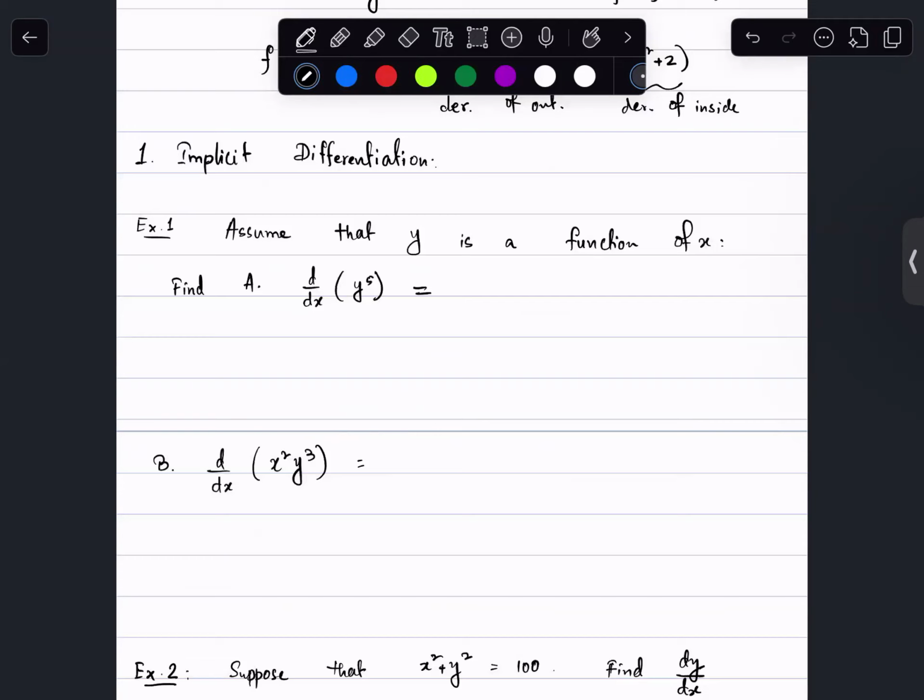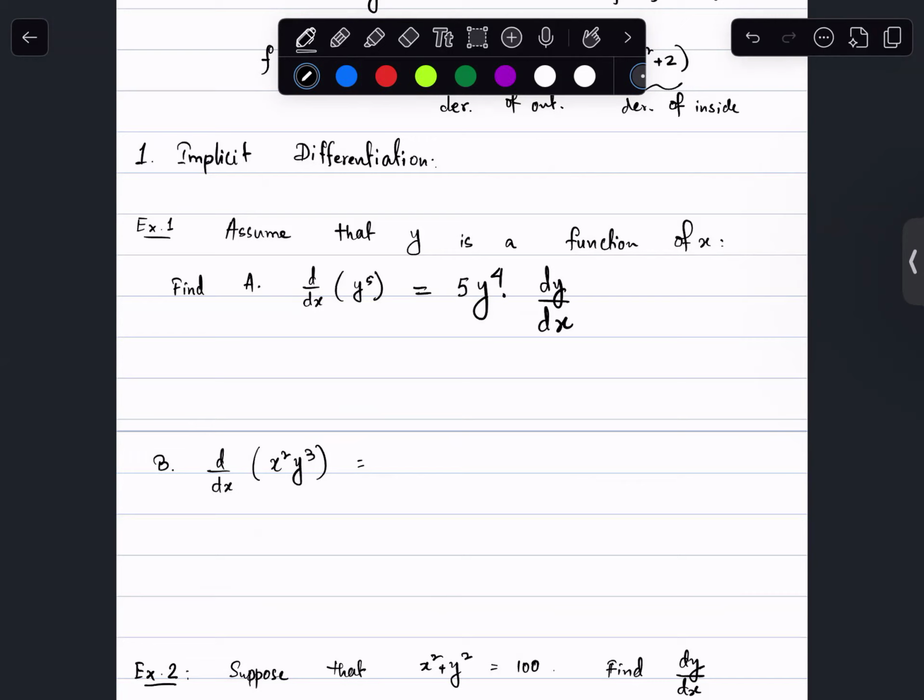I can use the power rule to say this is my derivative, but then I don't have x to the 5, I have y to the 5. So for that reason, I should have this dy over dx, right? You can think of this again in terms of the chain rule.